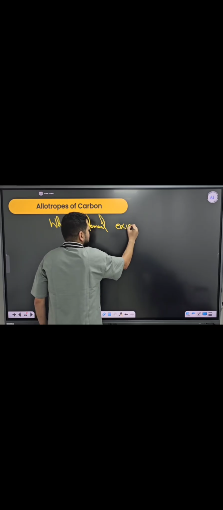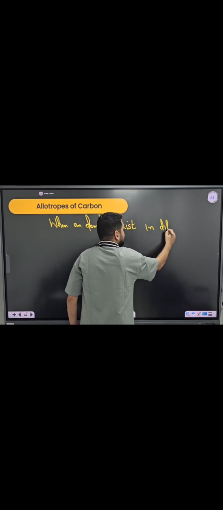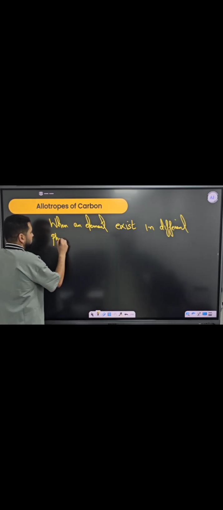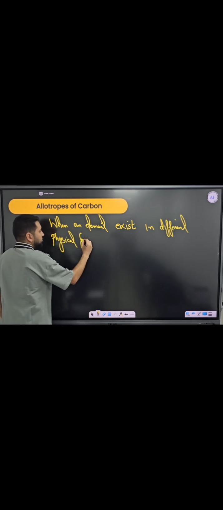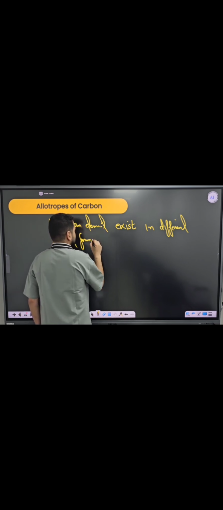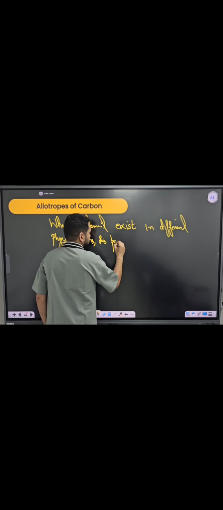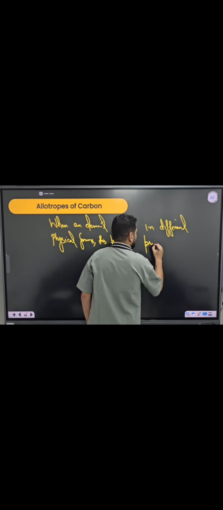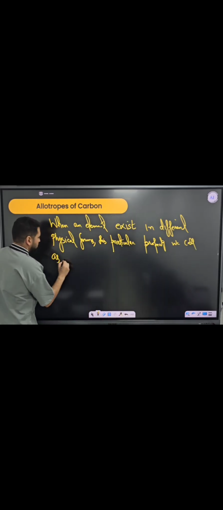So when an element exists in different physical forms, this particular property we call allotropy.